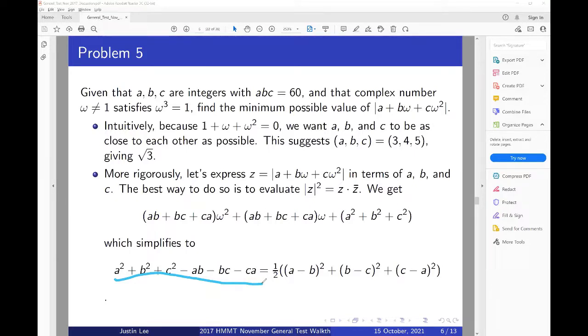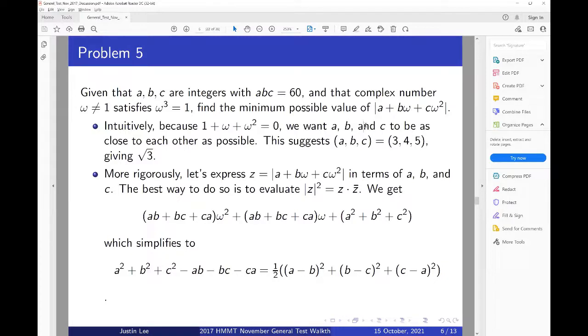which it's useful to recognize as half of a sum of squares. And if we just want to minimize the sum of squares, then it becomes pretty clear that 3, 4, and 5 is the smallest you can get. You can't get any smaller than 3, 4, and 5.